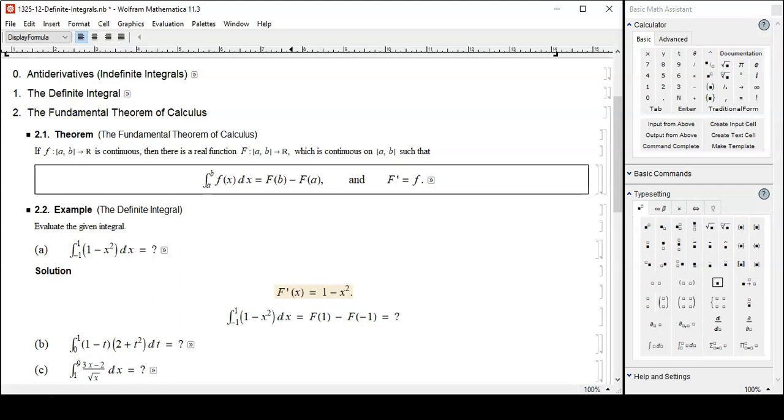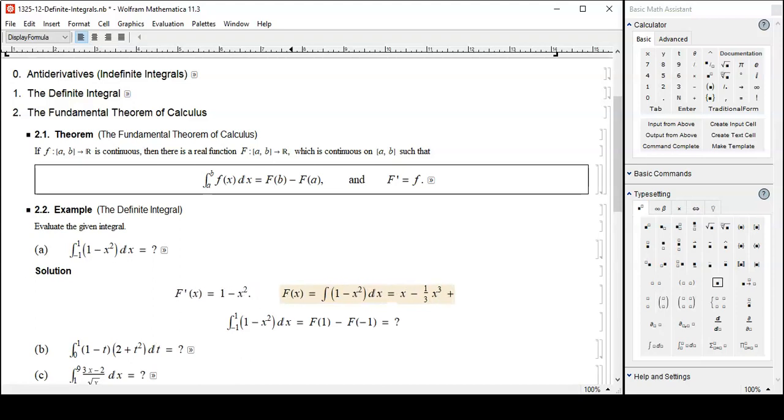In other words, capital F of x is the antiderivative function. Can you calculate this? Well, that's a piece of cake. Antiderivative of 1 is just x. Antiderivative of x squared is 1/3 x cubed, and then plus c follows.